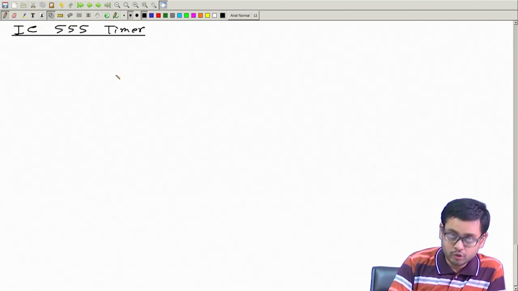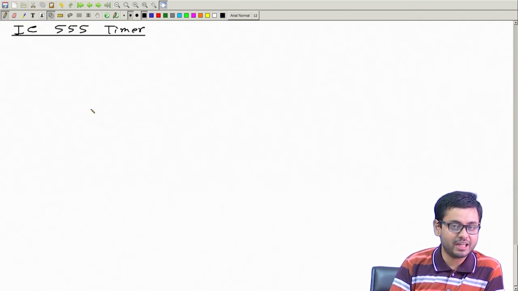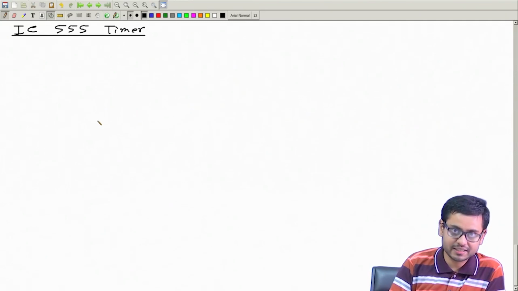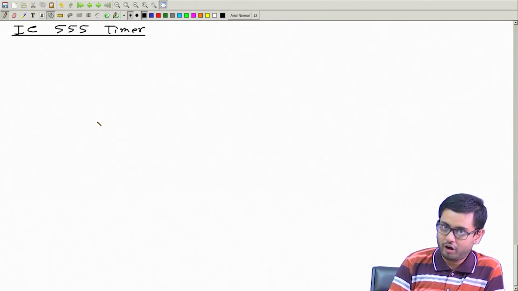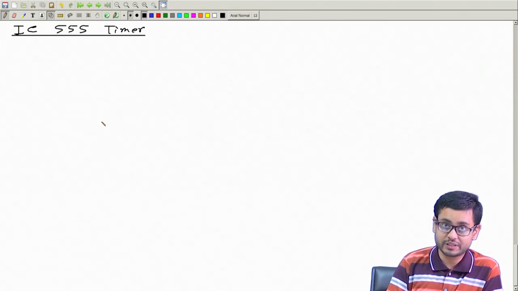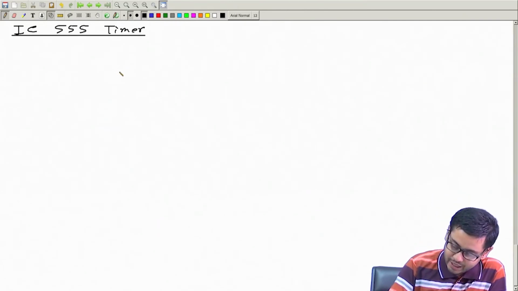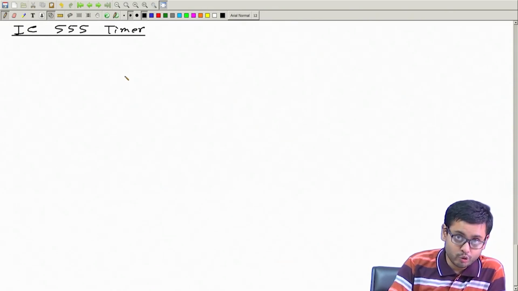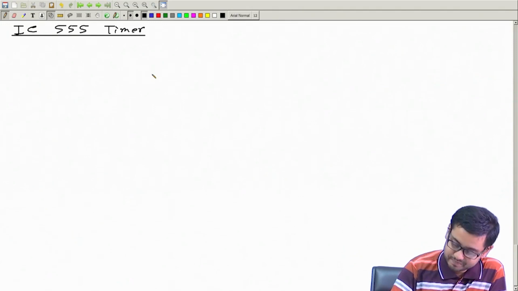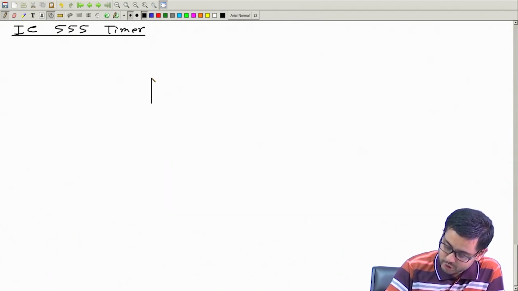Once again, please do not try to memorize it, try to understand it. If you understand it, you can always recall and reproduce it on your own, you do not have to memorize it. So, I will take two comparators and one potential divider. So, let us take two comparators.